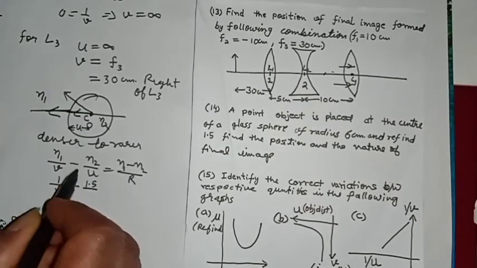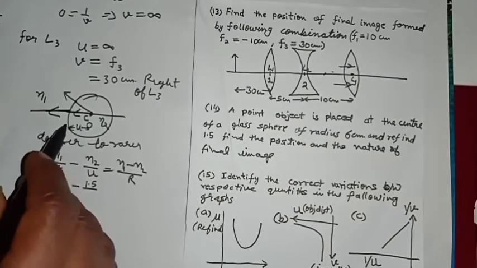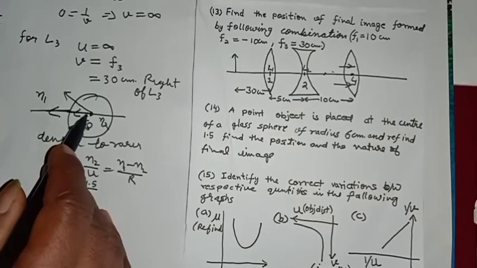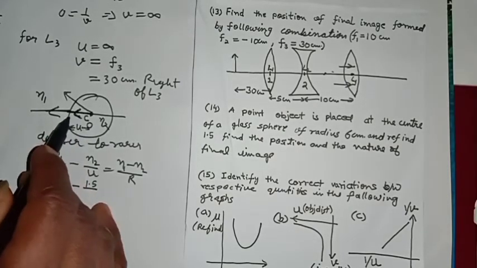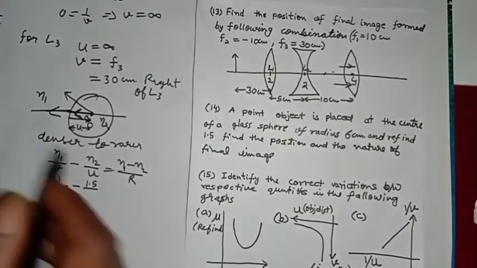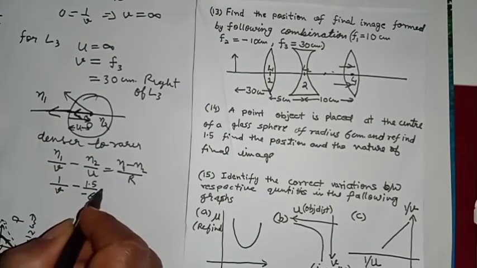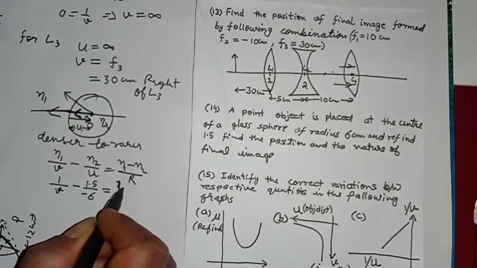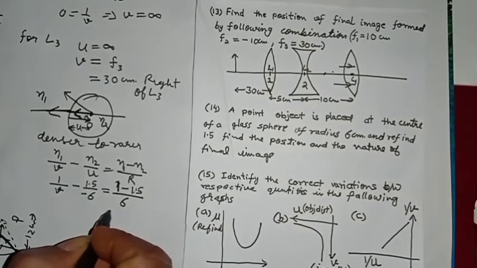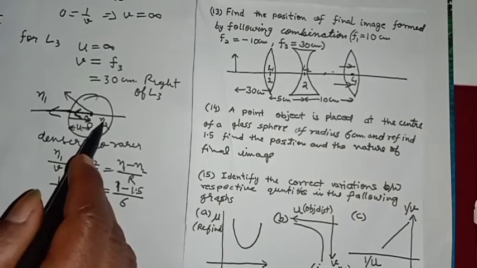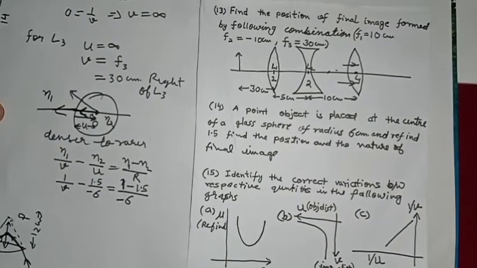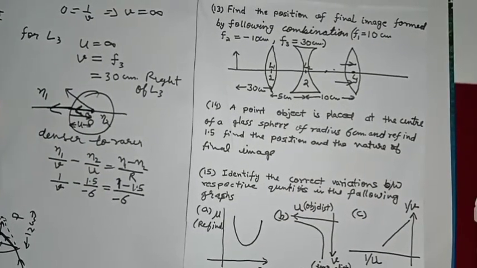As we mark these refractive indices, we can put in the values. The object is at the center, so the radius and object distance are both the same, and both have to be measured with the negative sign.